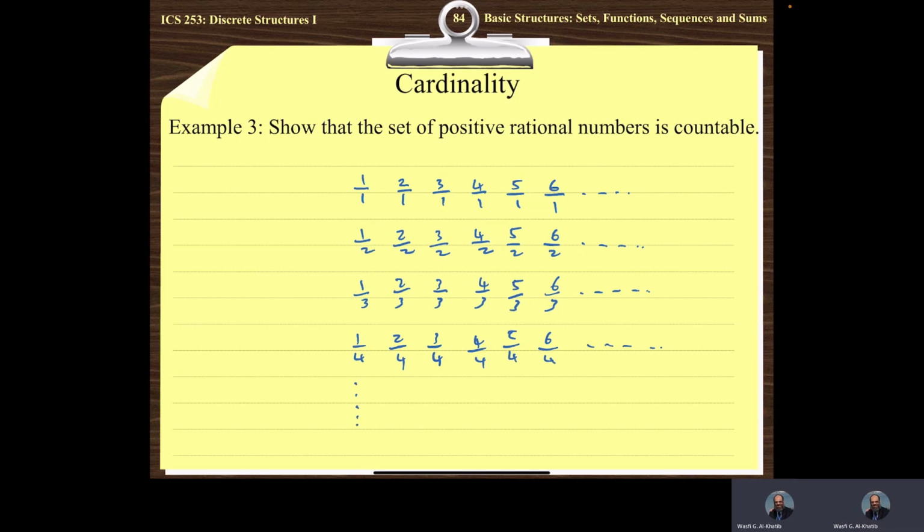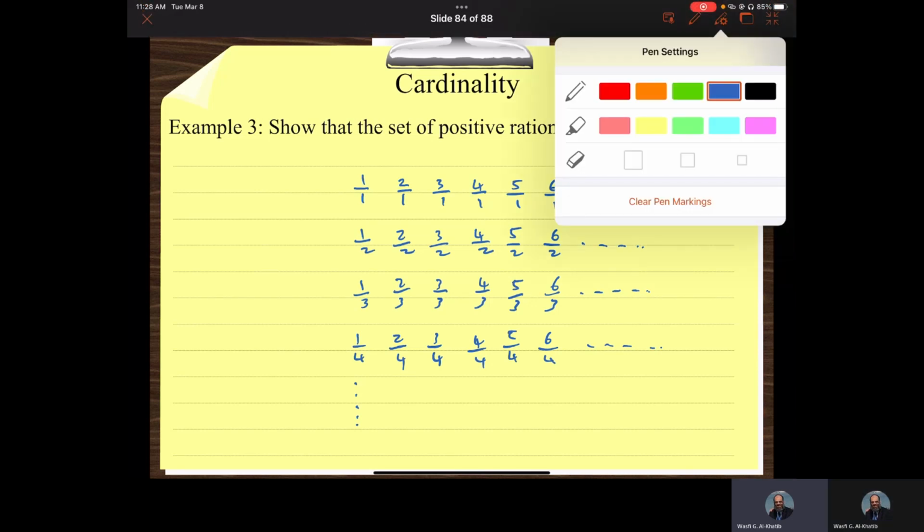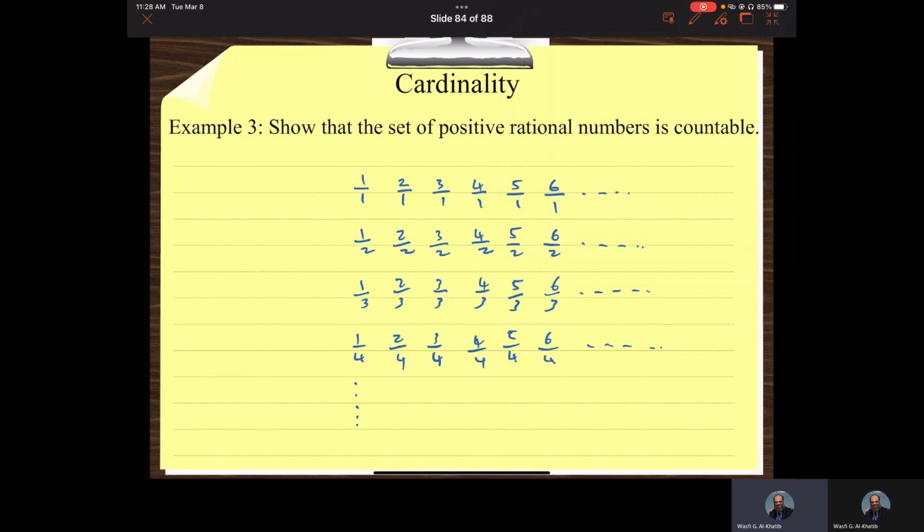Okay? Now let's see how can I do this mapping. Look at this. I will scan the elements in this way. So basically in this direction.